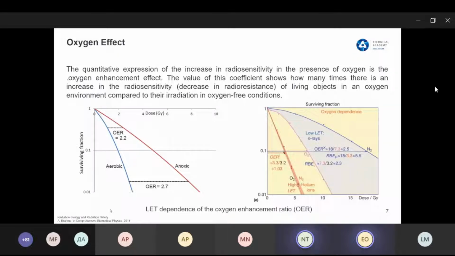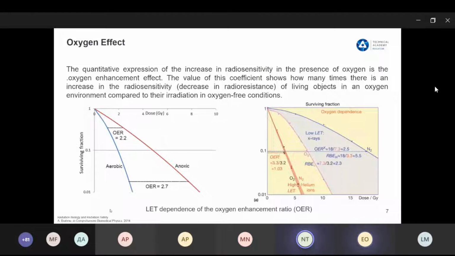The most generally accepted point of view is that oxygen molecules, having electron withdrawal properties, actively interact with resulting free radicals, including the radicals of biological molecules. As a result, new active free radicals appear and the potential damage to molecules resulting from irradiation is fixed.